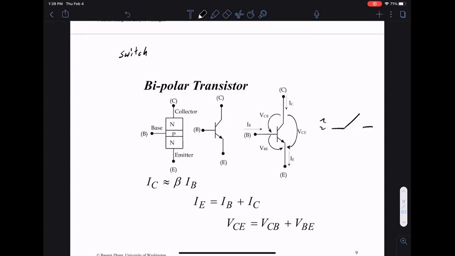Remember the difference between these two? It turns out bipolar is more robust. You can push a lot of current through bipolar. It's a current-driven device, and you can pass a lot of current. It's easy to make and robust.